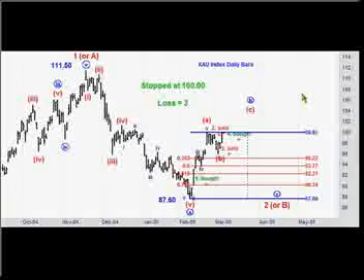Okay, we see that wave B over here did not even make a 382 retracement. It didn't even go down to the 382 level. It fell shy of this, so that is shallow, and those things happen. It doesn't have to do a 0.382 or 0.5, 0.618, and certainly it did not have to do a 786 retracement down here, which is what we were expecting.